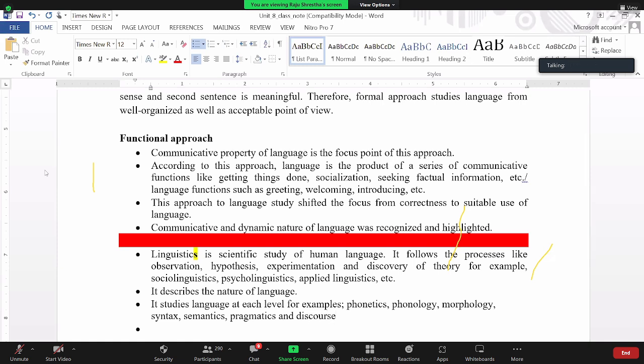They are the different levels of language we discuss. Or linguistics studies language at different sound level, word level, then meaning level, sentence level, and then this is literal meaning, semantics, literal meaning, pragmatics, contextual meaning, and discourse. This is conversational language.